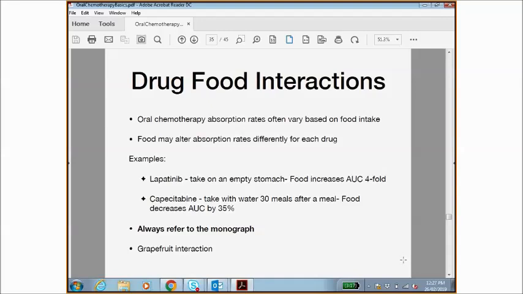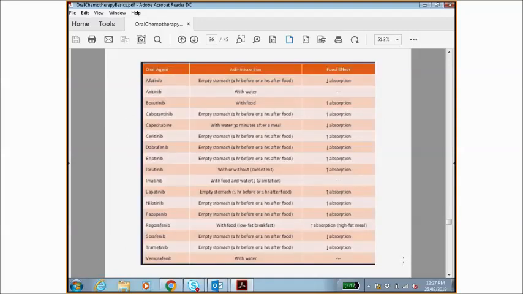So for example, lapatinib you take on an empty stomach because food increases the AUC fourfold, and capecitabine take with water 30 minutes after a meal, and food decreases the AUC by 35% on that. So always refer to the monograph to make sure that you get it correct. And then, of course, another drug-food interaction is grapefruit, and that goes back to how it's metabolized.